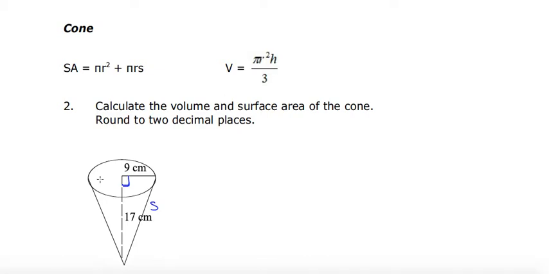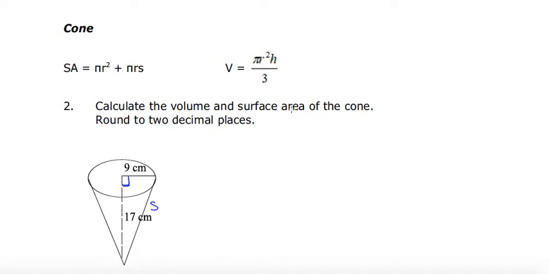If we were in class, we could actually do a demonstration of calculating the volume, and if we fill up a cone and a cylinder that have the same base, we would find that it would take 3 cones to fill up 1 cylinder, and that's why when we're calculating the volume of a cone, we're dividing by 3, because a cone is 1/3 of a cylinder when they have the same base.